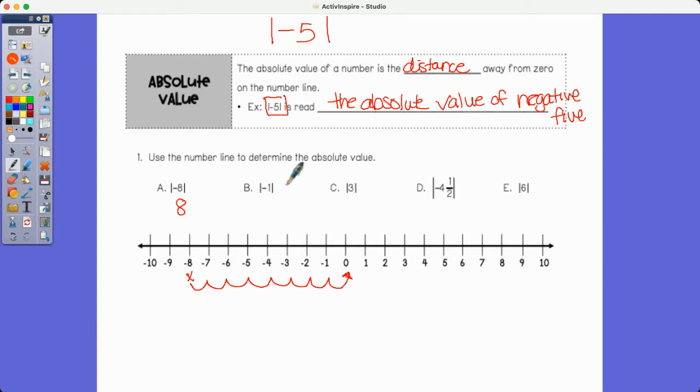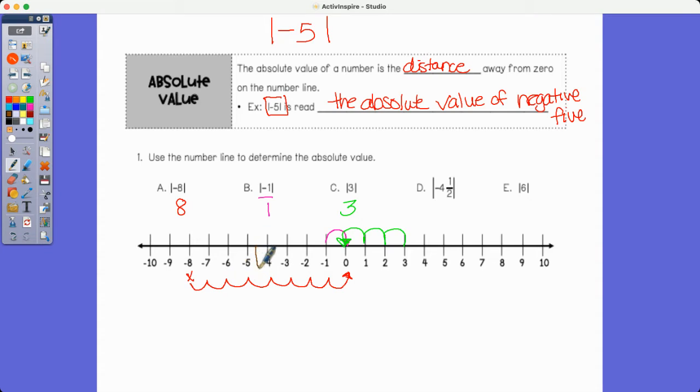Let's start on this one. We're going to start at -1 and we're going to hop. Just one hop. So the absolute value of -1 is 1. We're going to start at 3 and I'm going to hop to 0. 1, 2, 3. The absolute value of 3 is 3. I'm going to start down at -4.5.